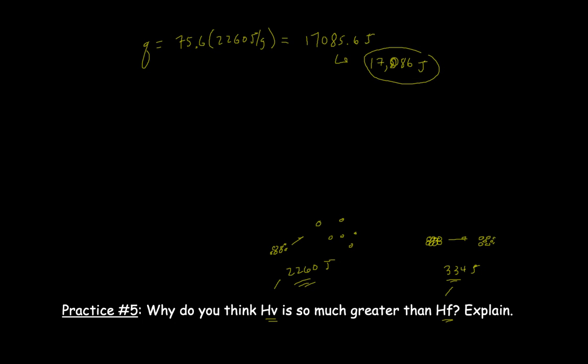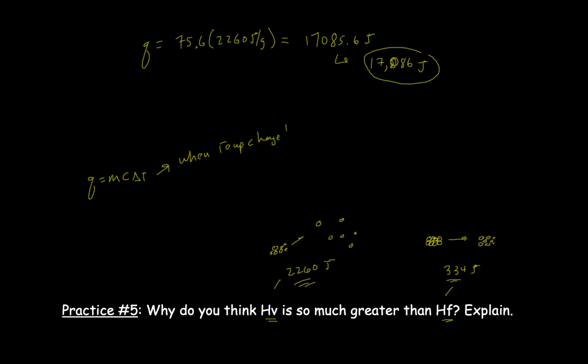We'll do a little bit of this a little bit later, and then we'll practice. So what you want to do is practice the next couple of pages, 10 and 11, which are really practice pages on this. All right, so to review really quickly, you're going to use Q equals mc delta T when you have a temperature change.